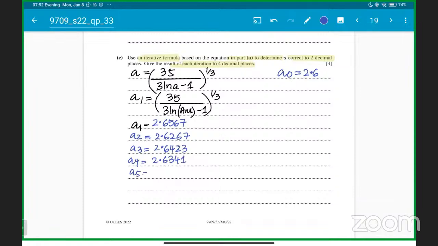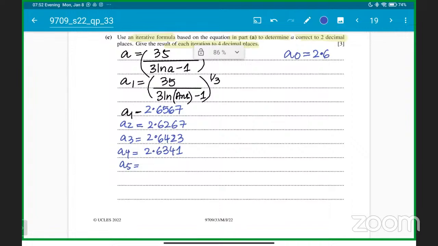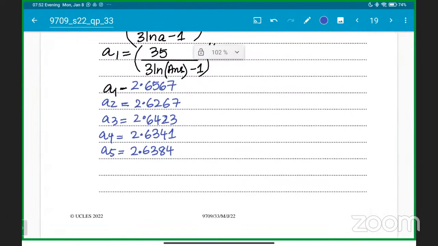The fifth value is coming 2.6384. The sixth value is coming, so eventually it is stopping now, at about 2.6361, and everything is coming in 2.6362. Getting it, guys? Clear?